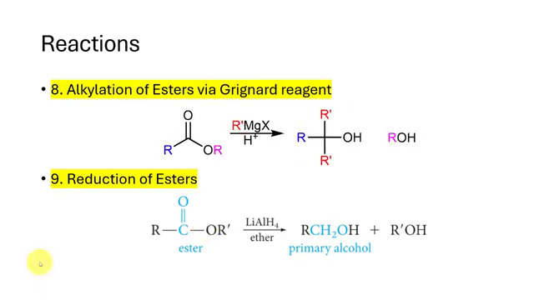So another reaction of esters is alkylation by a Grignard reagent. So what happens is that you start with an ester and you form an alcohol, particularly a tertiary alcohol. So Grignard reagent has this particular format, RMgX, so take notice of the colors here. So what happens is that Grignard reagents remove this oxygen, then replace it with whatever R group is present, in this case twice, because carbonyls have two bonds, so it can give one for each alkyl chain.